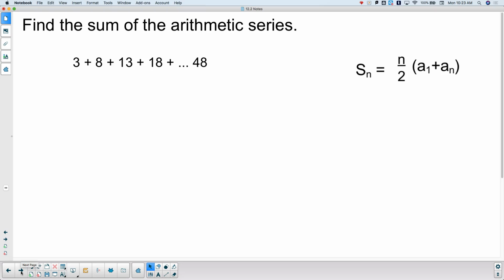So, for instance, we have this arithmetic series. Okay? So, I need to know how many terms there are. I need to know what the first term is, and I need to know what the last term is. Okay? Give me one of them.